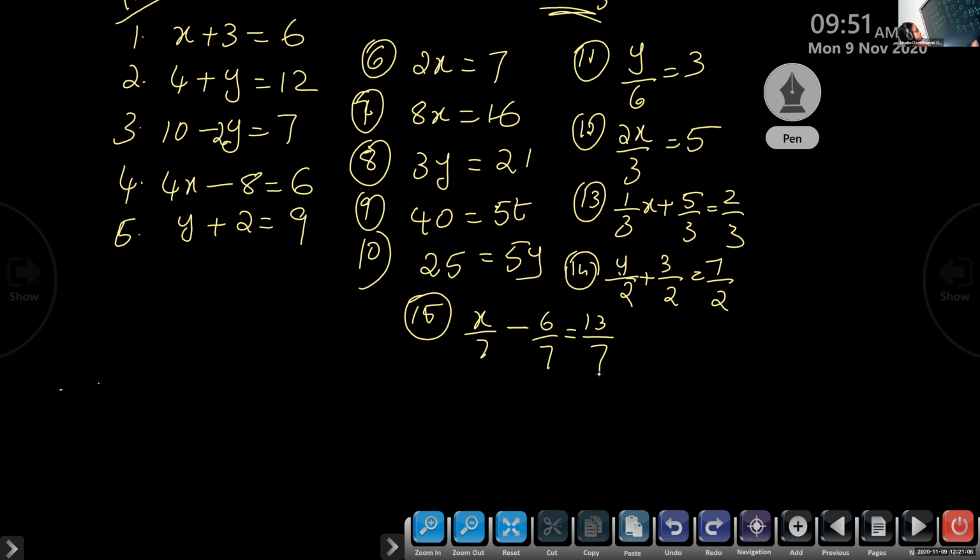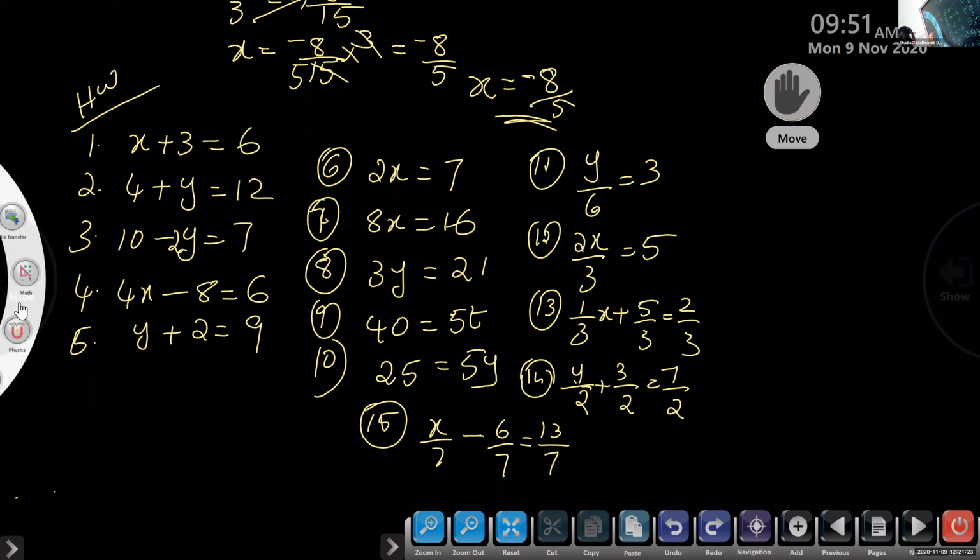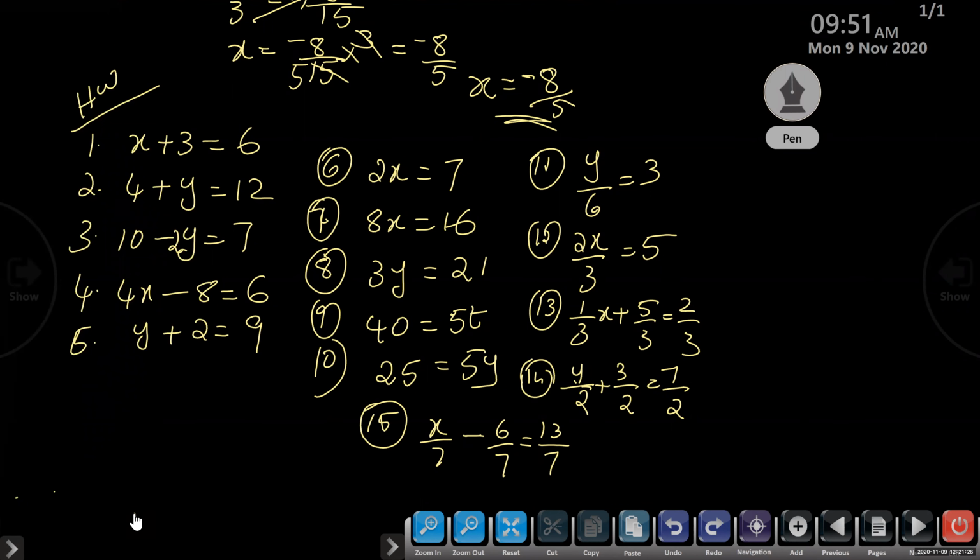Before 2:20, you have to do this, not for tomorrow or the next day. Today itself, before my next class, all should complete these problems. Okay? Yes, ma'am. One more period we have today, before that you have to do. All are simple questions. Half an hour is needed for doing this.